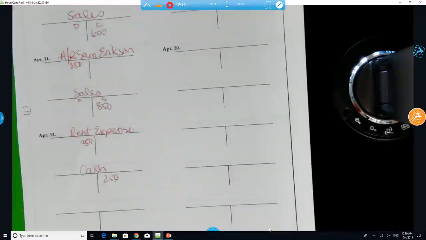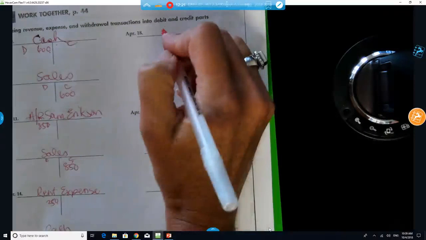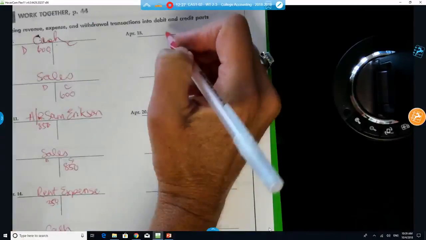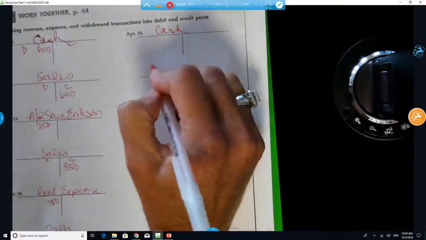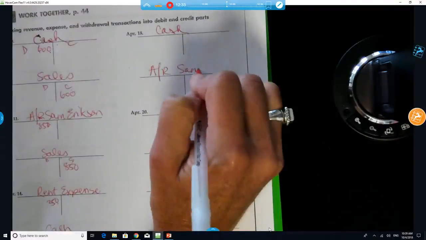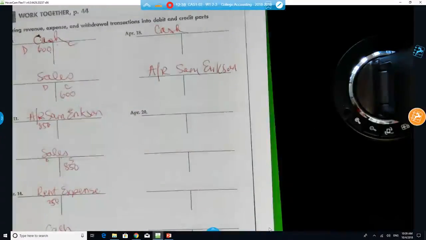Received cash on account on April 18th from Sam Erickson. Received cash, okay, so cash, and what's the other one? Good. So cash and accounts receivable from Sam Erickson. What types of accounts are these? Both of these are assets. So what do we know?